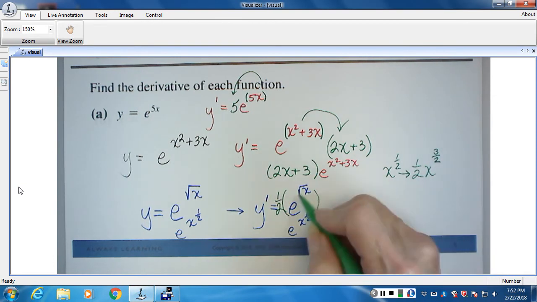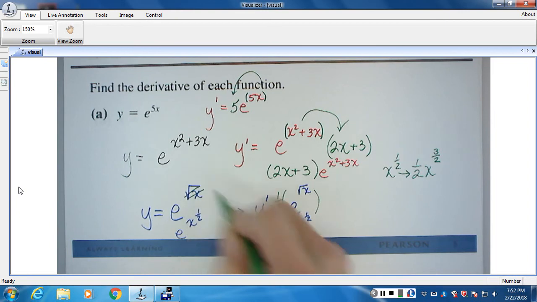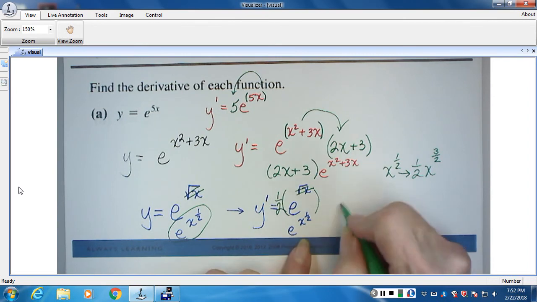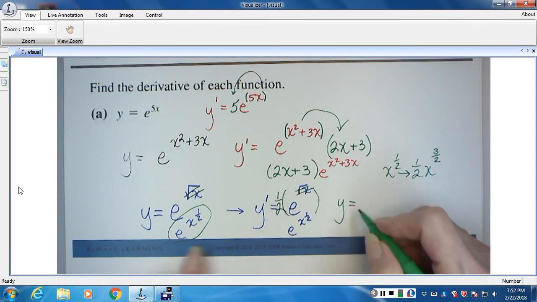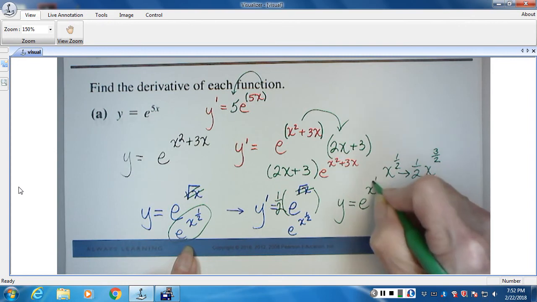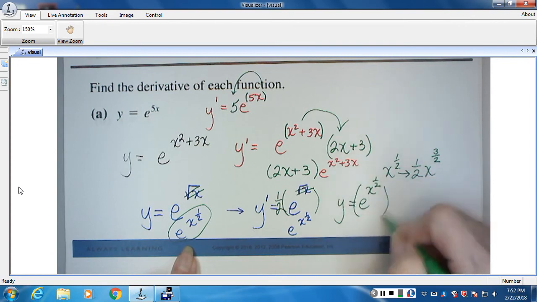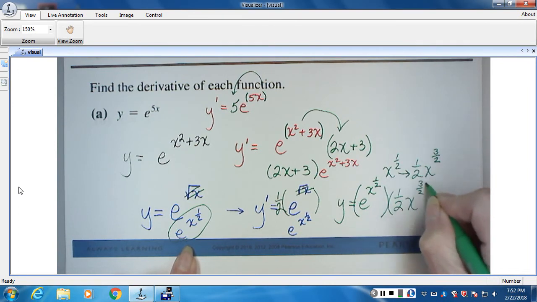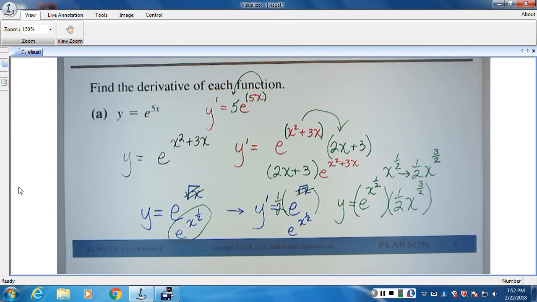So if I'm going to do this, I probably don't want to use this form at all. I probably want to stick to this form so that I can actually do something with it. So my y prime is going to be more easily written if I call it y equals e to the x to the 1/2, just copied it over, times 1/2 times x to the 3/2 and leave it alone.